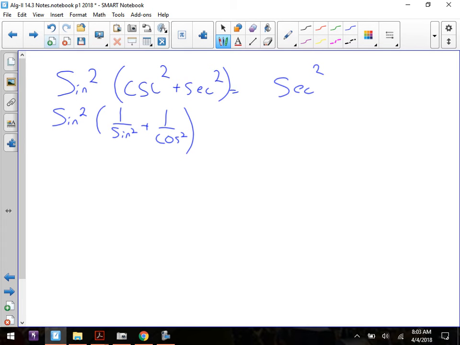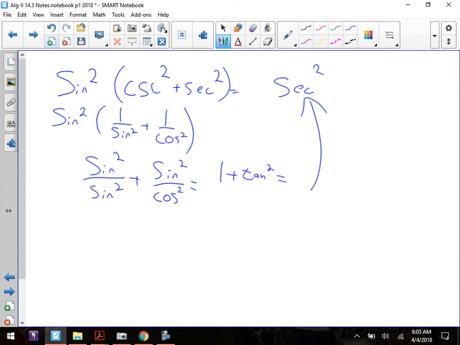On my sheet, I went to the parentheses and got a common denominator, and I wound up taking longer than I needed to. But if I distribute the sine squared in, you get sine squared over sine squared plus sine squared over cosine squared, which is 1 plus tangent squared, which equals secant squared.